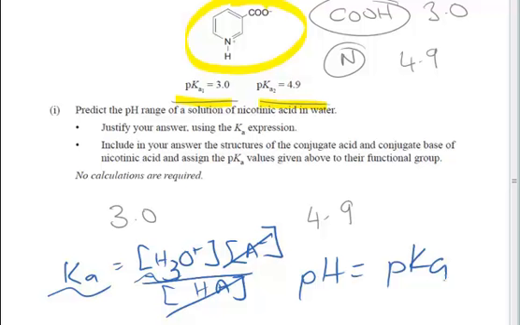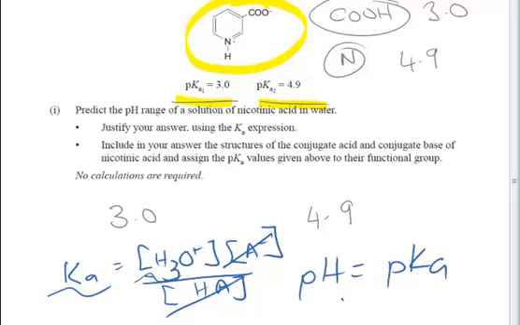So when there's more acid present, we would expect there to be a pH that's going to be lower than 3, and when there's more base present we'd expect the pH to be greater than 3.